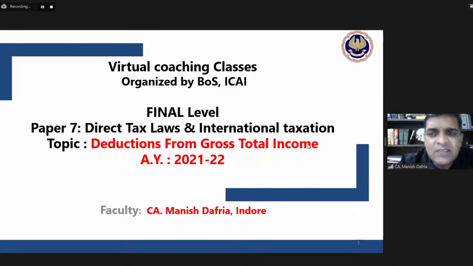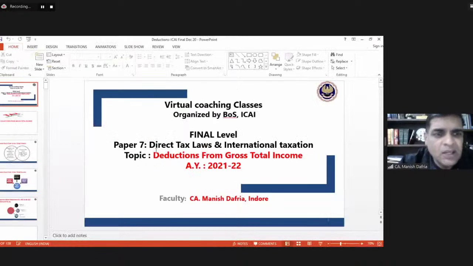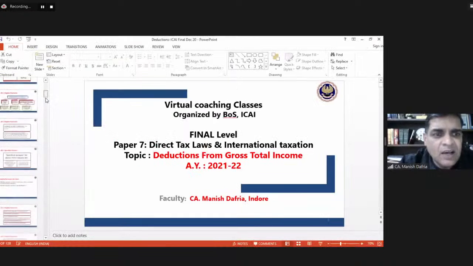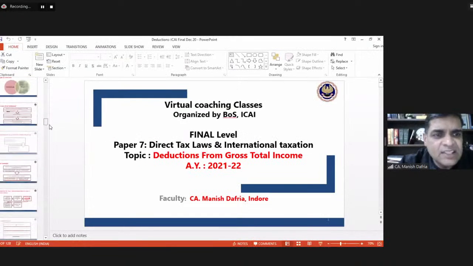The last section which we have discussed in the last session was the section 80G, deduction with respect to certain donations given by the assessee. So today we shall be continuing our discussion after this section 80G.